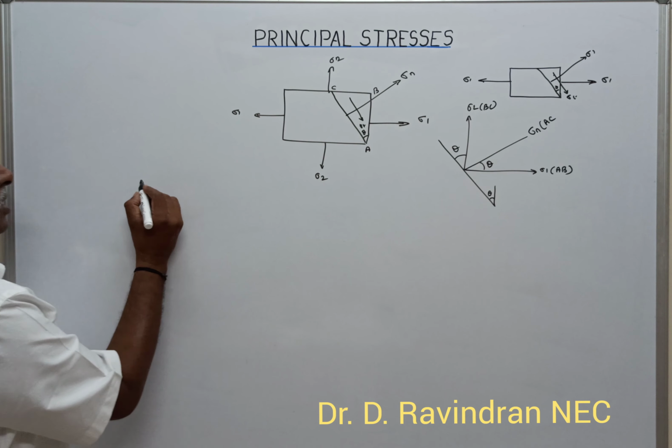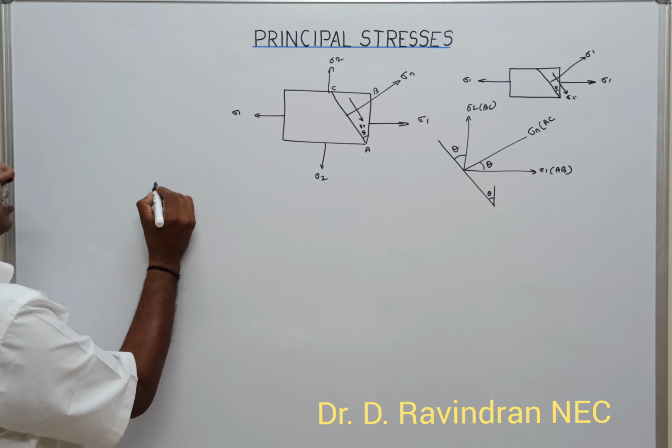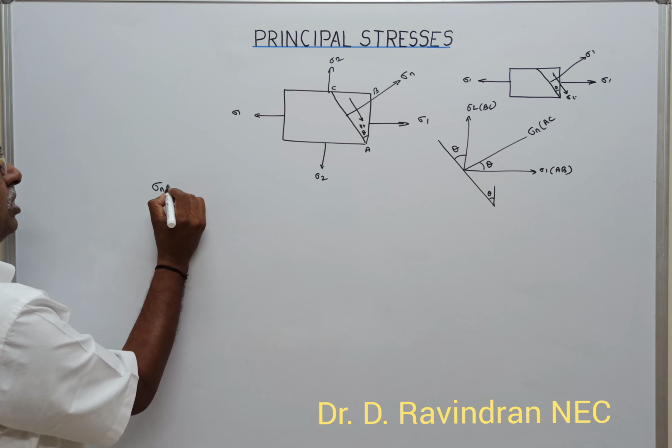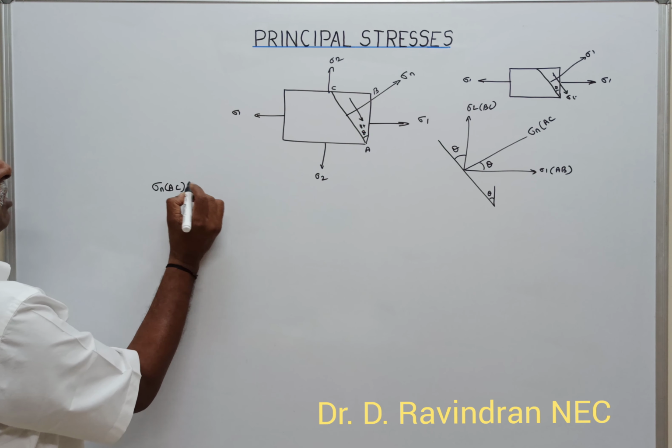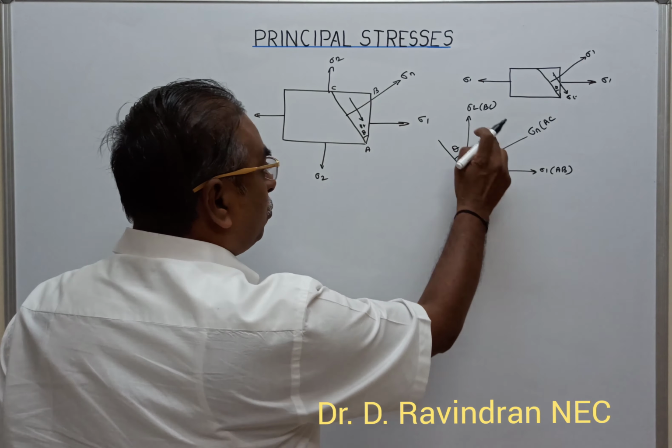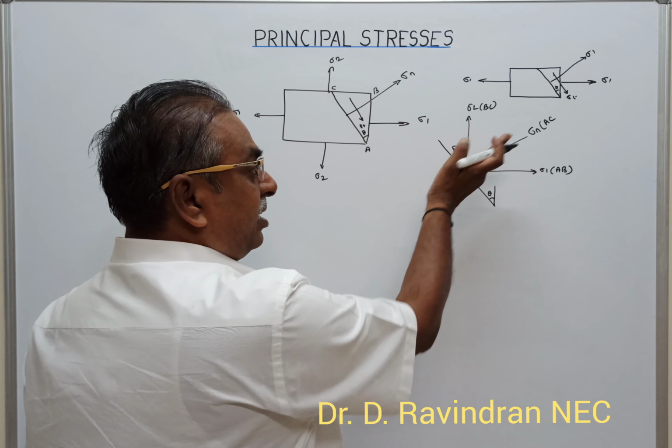Now let us find the normal stress. That means normal stress into AC will be equal to, we have to resolve these two forces in the direction of the normal.